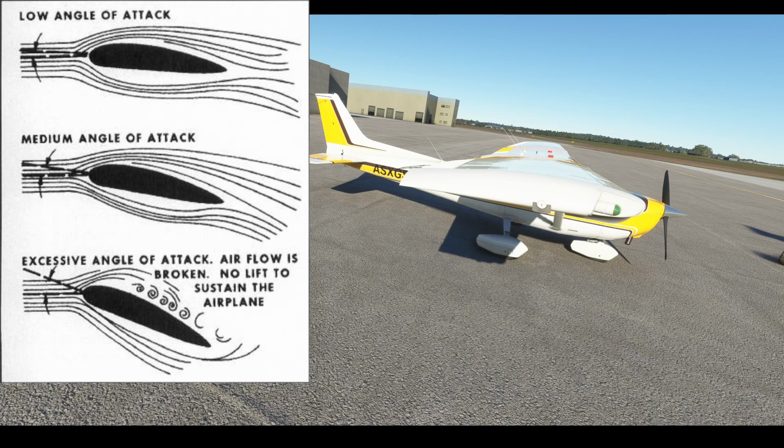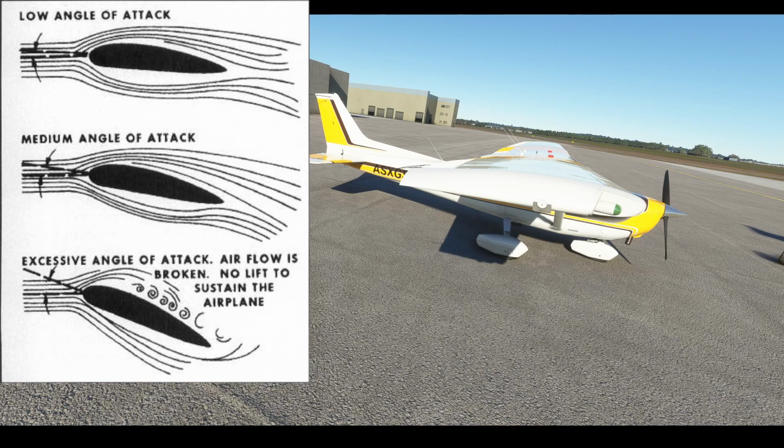You can see that as we go to a higher angle of attack, which is where aircraft would be gaining altitude, we start to see a little bit of disruption in the airflow over the wing, which, as long as we have enough power to keep us moving forward, doesn't really end up being too much trouble, and we can still generate quite a bit of lift and gain some altitude.